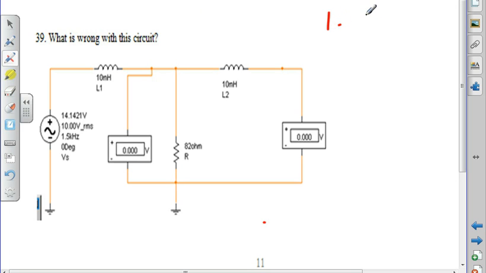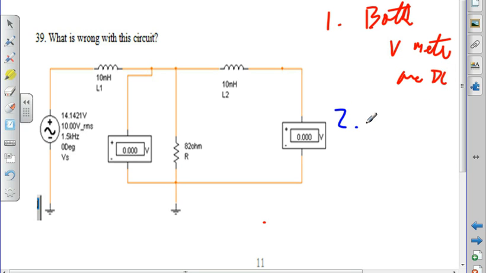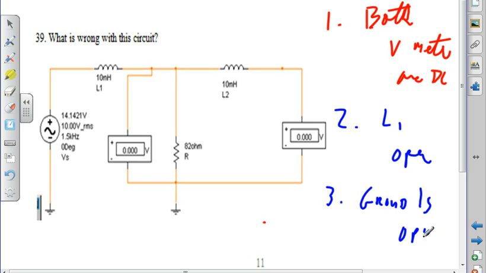So you could come to the conclusion that both voltmeters are DC. That's not the case, but it could be. Or 2, you can come to the conclusion that L1 is open. Or you could come to the conclusion that the ground is open.